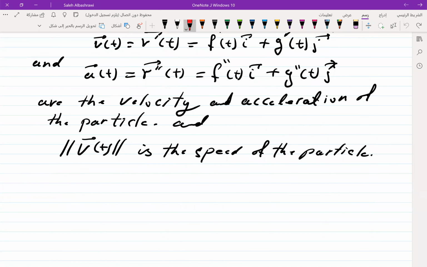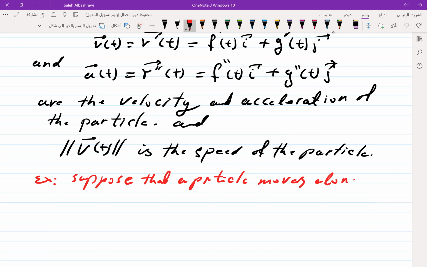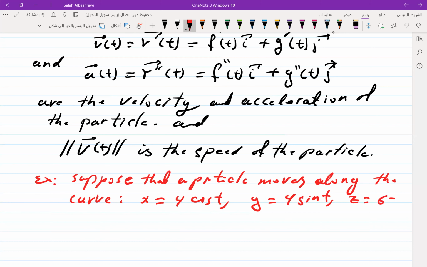For example, we have a particle moving along some given curve, with x equal to 4 cosine t, y equal to 4 sine t, z equal to 6t, where t is the time.